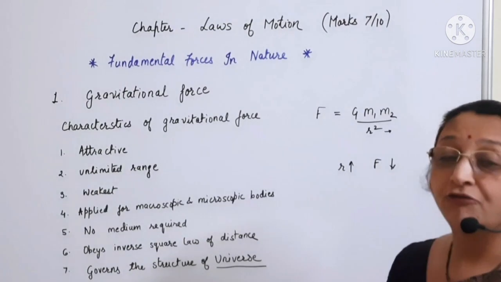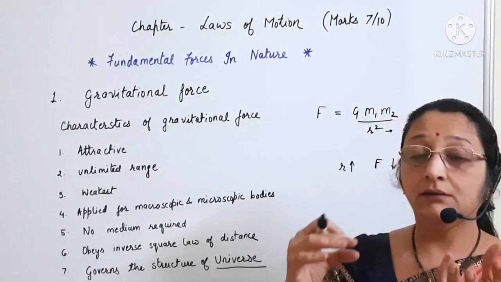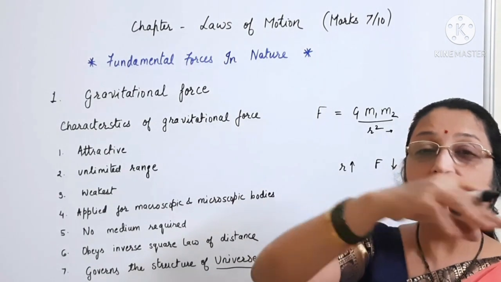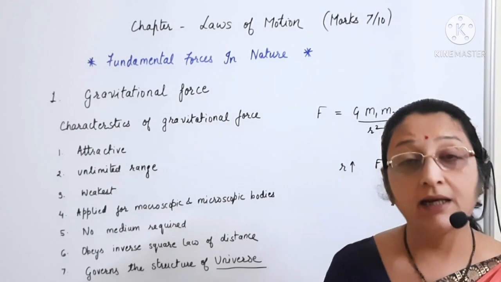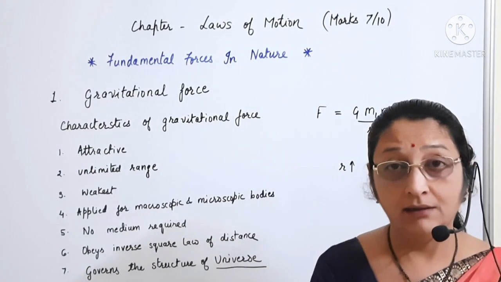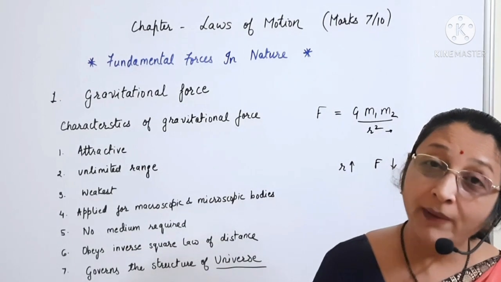Now this is a very important characteristic: in the whole universe, the earth and the planets are revolving around the sun. There are so many suns in the universe, and there may be so many planets.